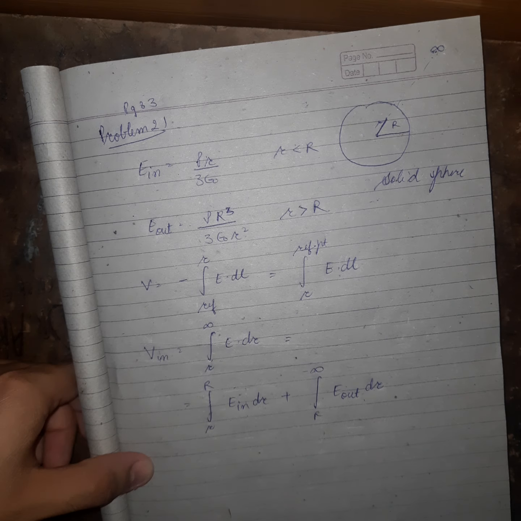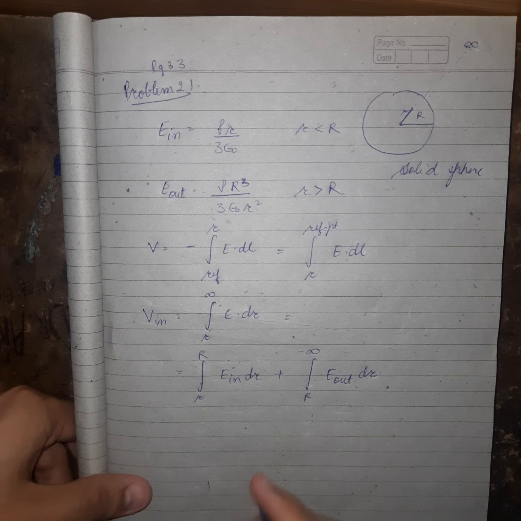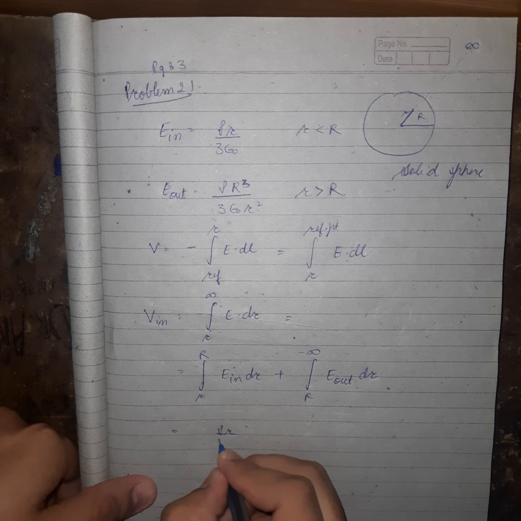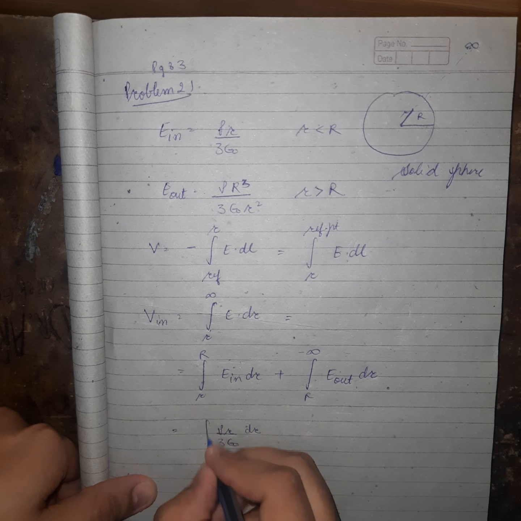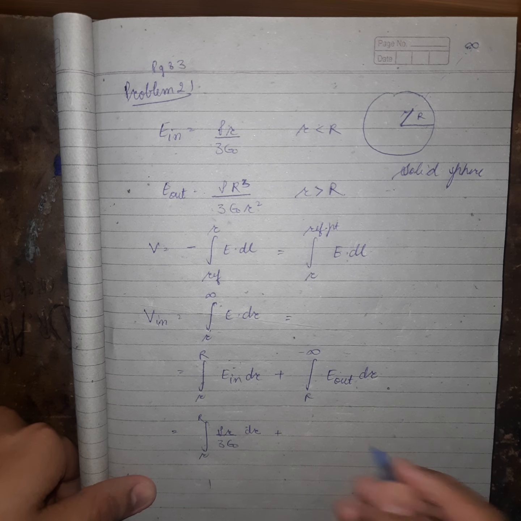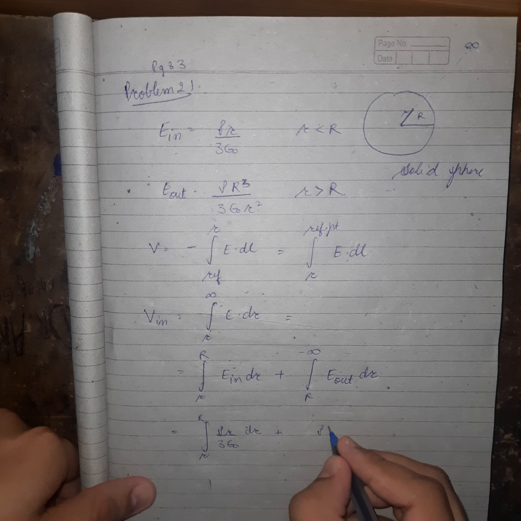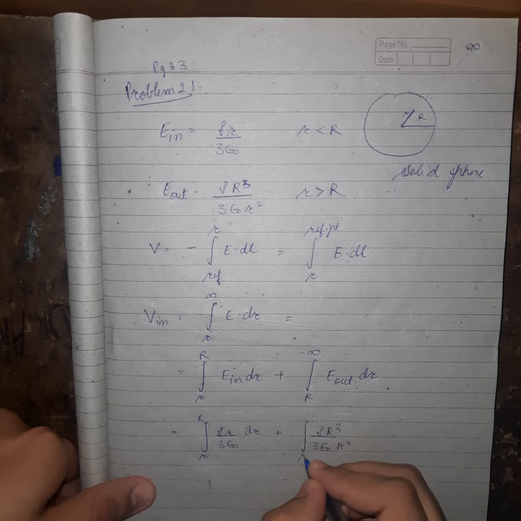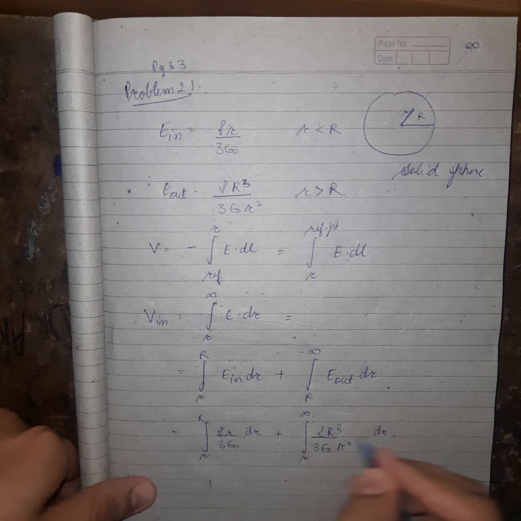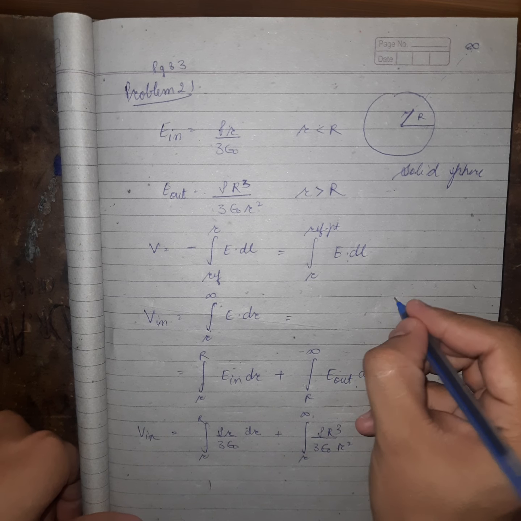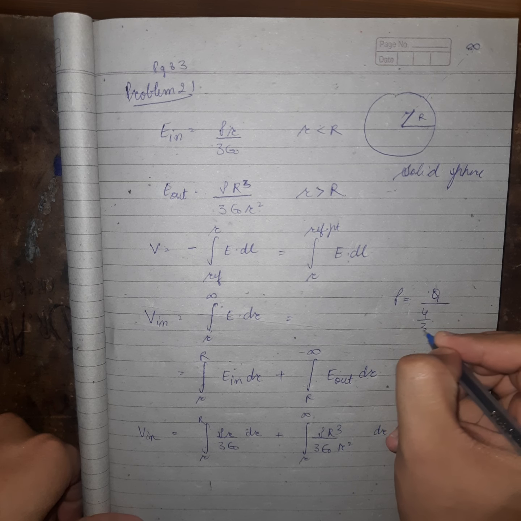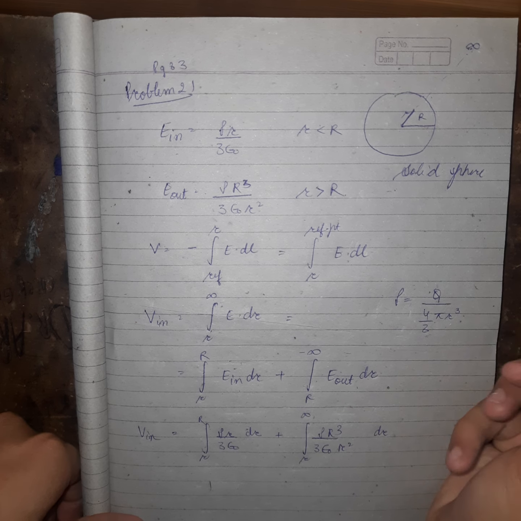Now put the values: rho r by 3 epsilon naught dr from r to R, plus rho R cube by 3 epsilon naught r square dr from R to infinity. Remember that rho is equal to total charge upon volume, Q by 4 by 3 pi R cube.